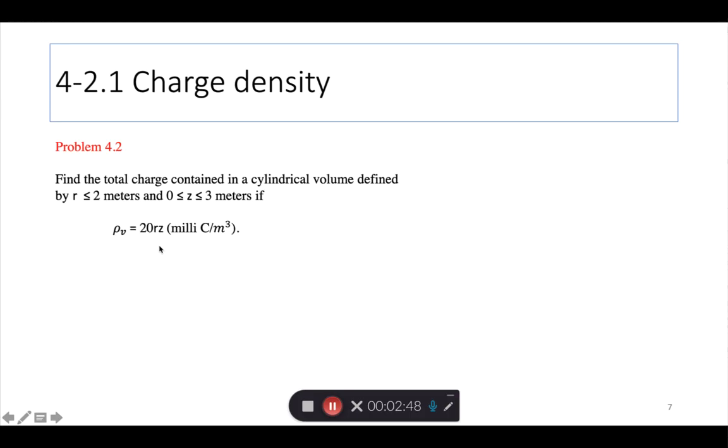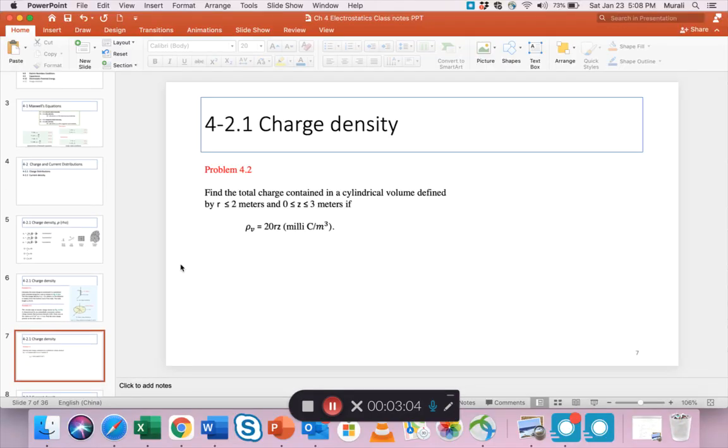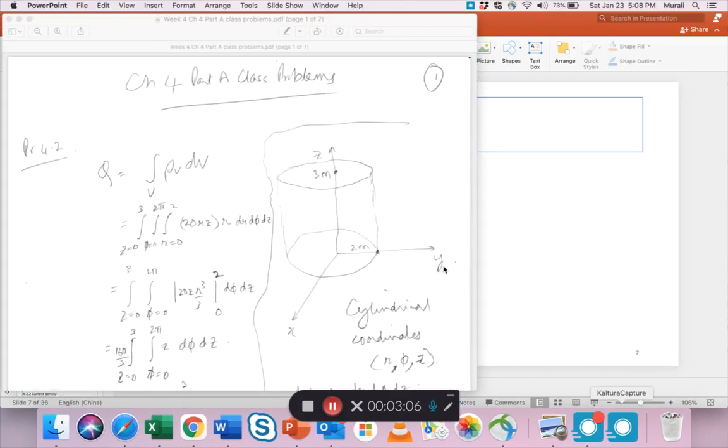So it's given as 20 rz, and r is always less than or equal to 2 meters, and it's a cylindrical volume, right? You can imagine a cylindrical volume, and z, the height, goes from 0 to 3 meters. Okay, so given this information, let's see how to solve this.